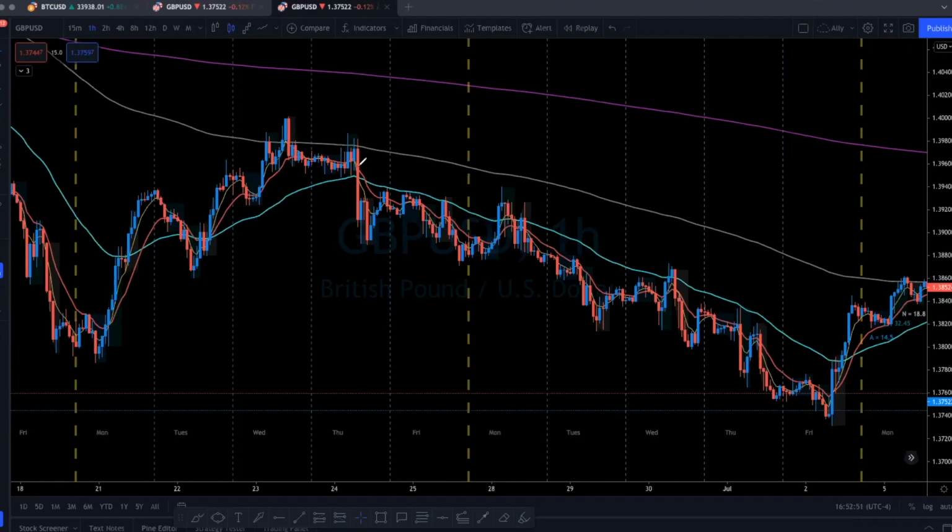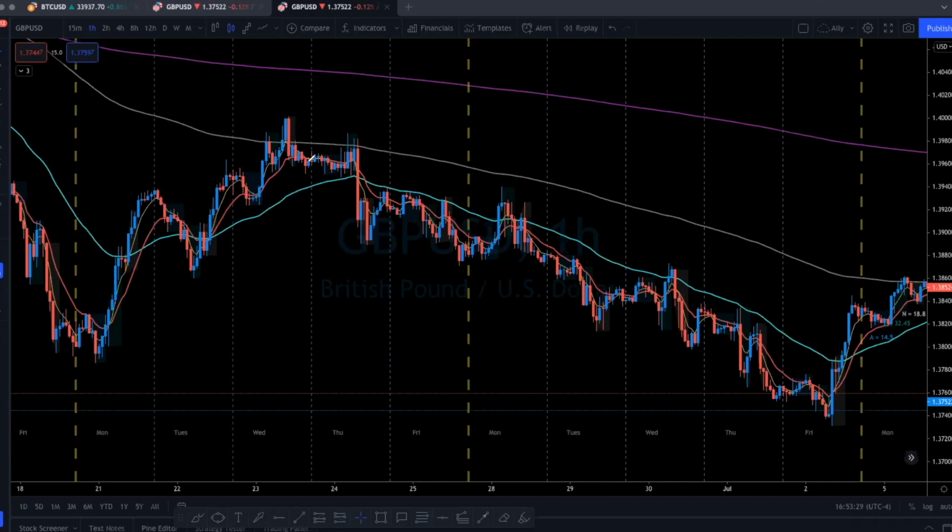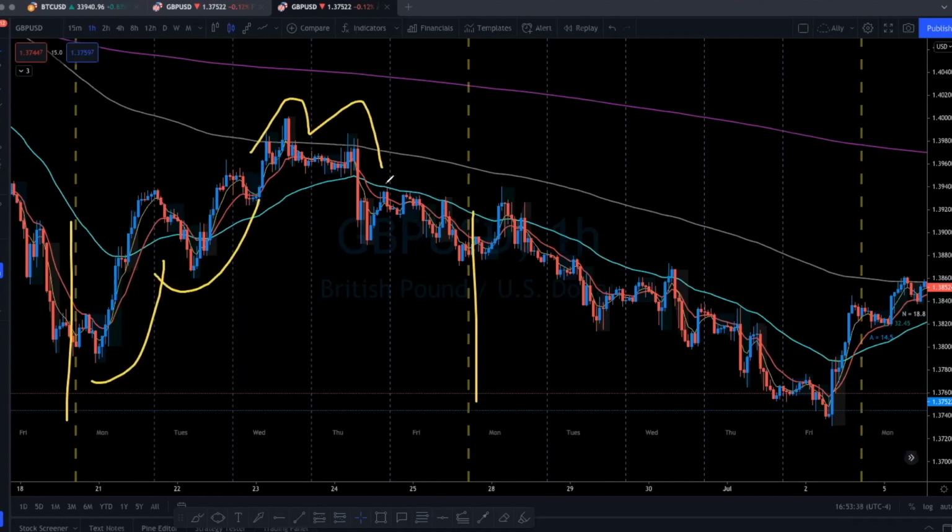If you look at the previous week here, this week started going up, and then you had a midweek reversal that happened Wednesday, Thursday. And that's actually what started the whole thing. Do you see it? From here to here, price went up, had a midweek reversal, and sold off.